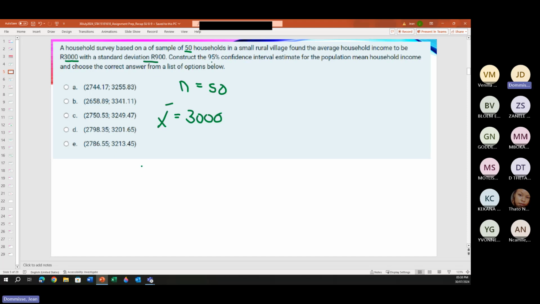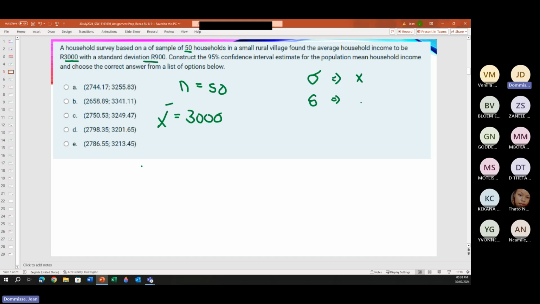Okay, so first thing that we are going to check is whether it is population standard deviation or sample standard deviation. Okay, so let's just first see. They tell us that they found the average household income to be 3,000 with a standard deviation. Okay, so they didn't specify that we're working here with a population.